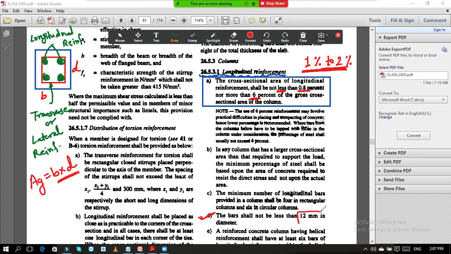The minimum diameter for the column bars is 12 mm. So you cannot provide a bar less than 12 mm; again, it is for longitudinal reinforcement. Remember this. The bars which we are going to provide in the column, the minimum diameter is 12 mm.